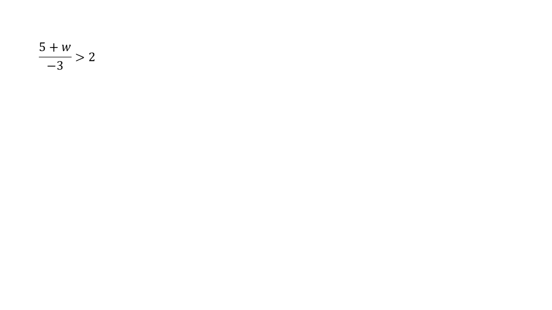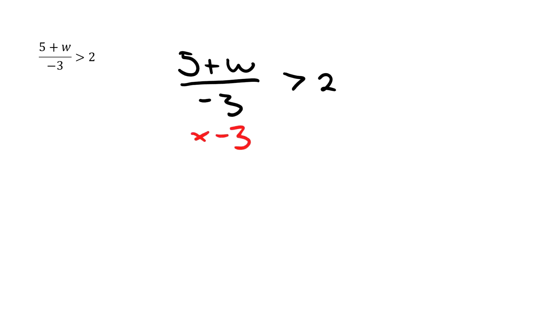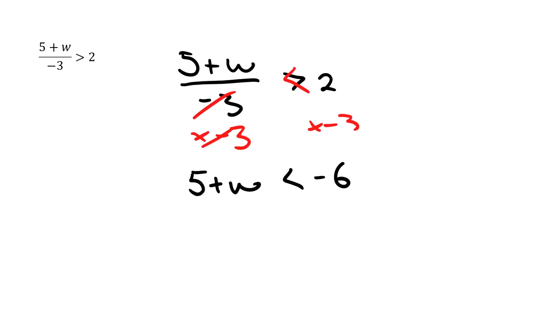So here's the next one. We're going to multiply by a -3. Again, that's going to result in our inequality flipping. So 5 plus w is less than 2 times -3, which is -6.